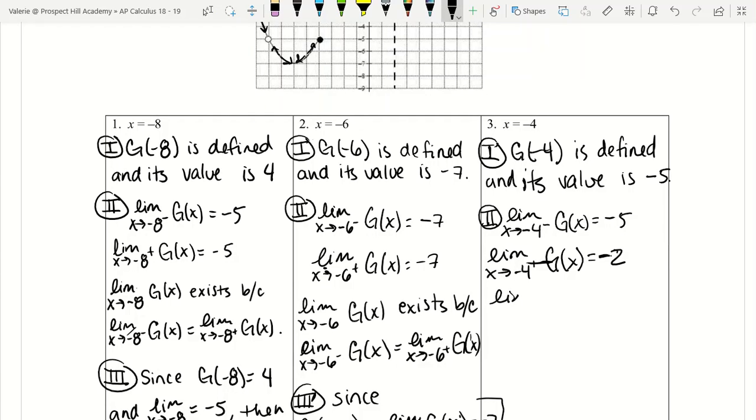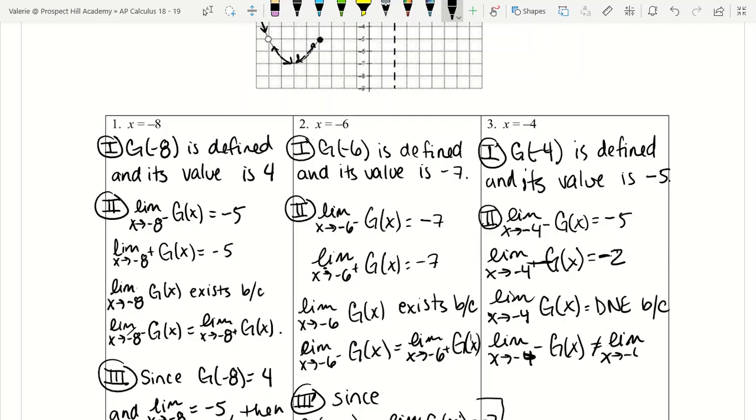So the limit as x approaches negative 4 of g of x does not exist, because the limit from the left does not equal the limit from the right.